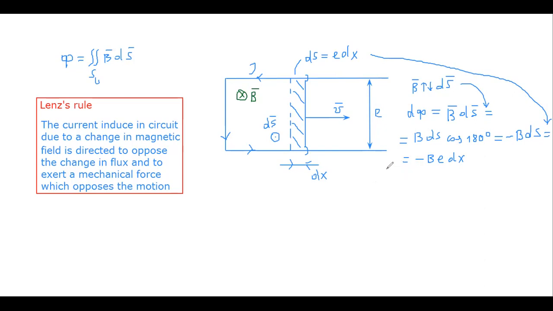The change in magnetic flux is the derivative dΦ by dt, and this is equal to minus d by dt of minus B L dx. This is equal to minus B L dx by dt.